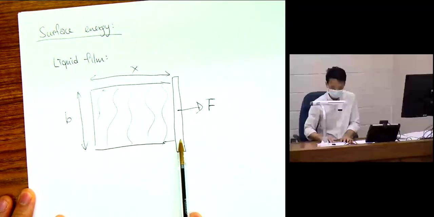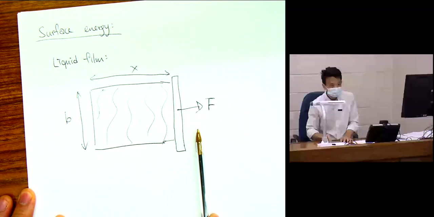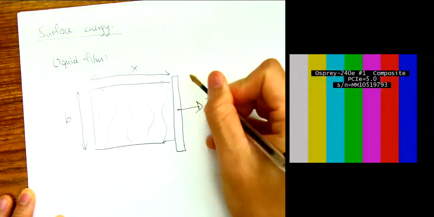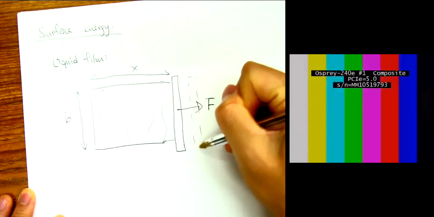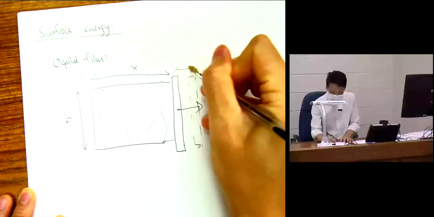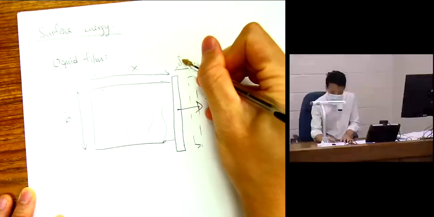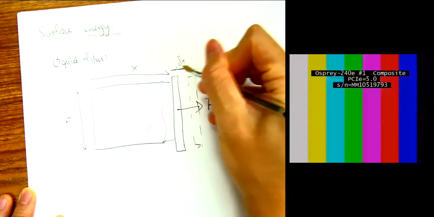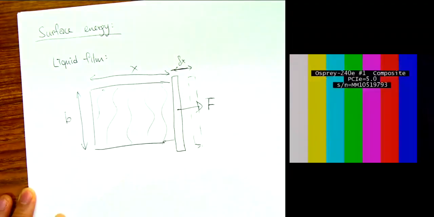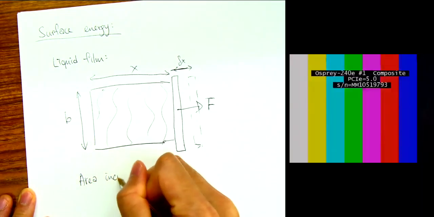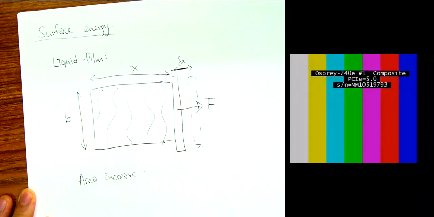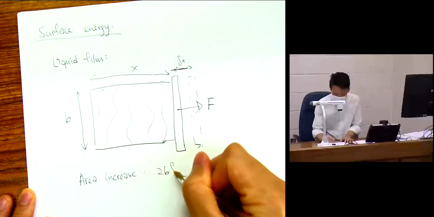I start pulling it slightly to the right, and that's the new position of the handle, and there's a change in length, delta x. So the increase in area is simply 2b delta x.